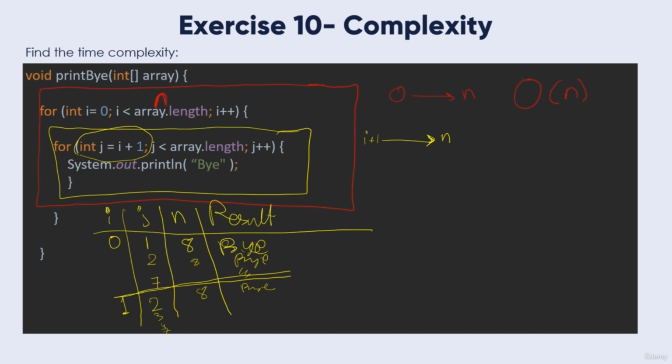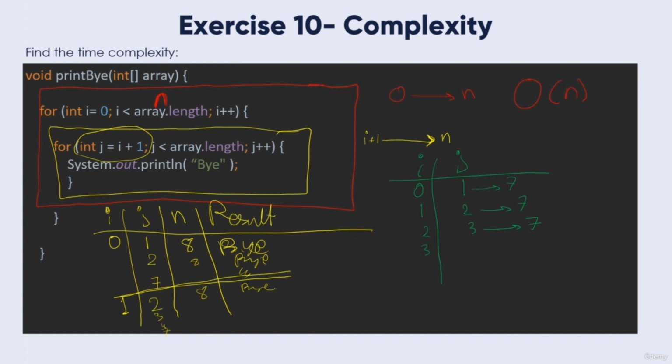So I will put the result here. If i starts from 0, j will start from 1 and stop at 7. If i equal to 1, j will go from 2 to 7.